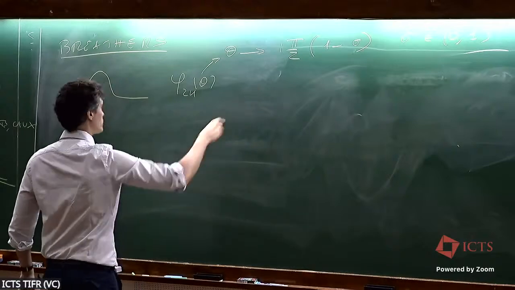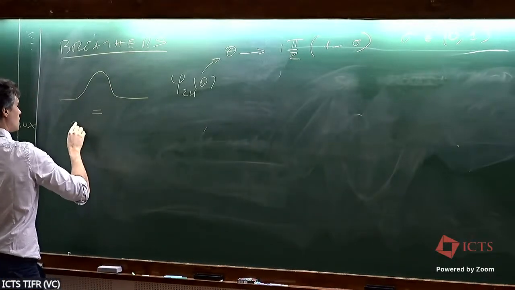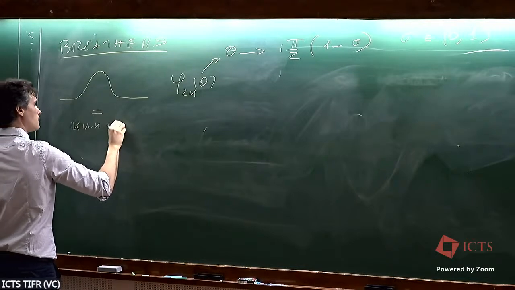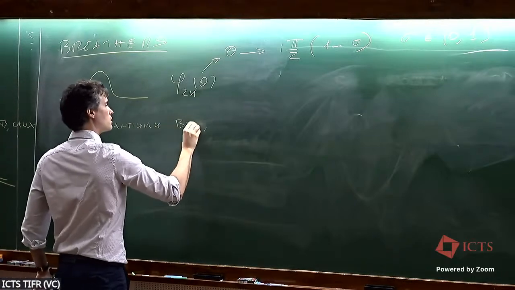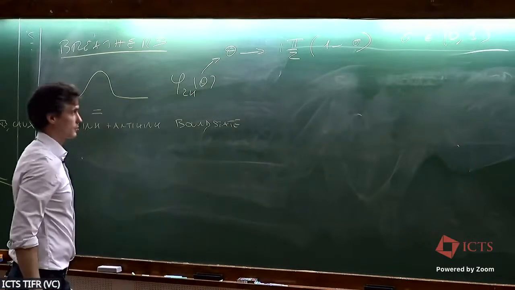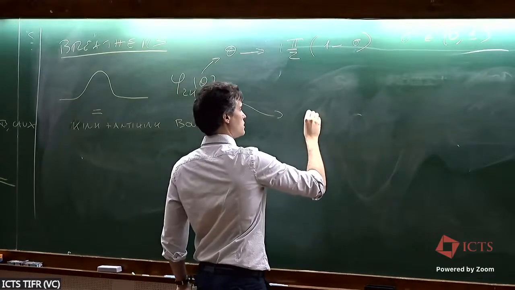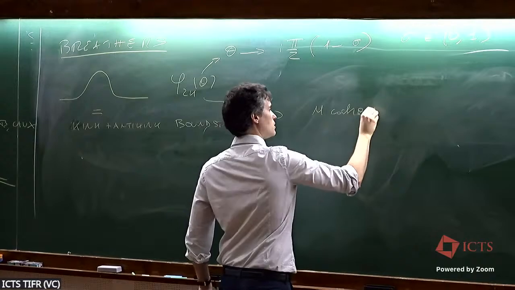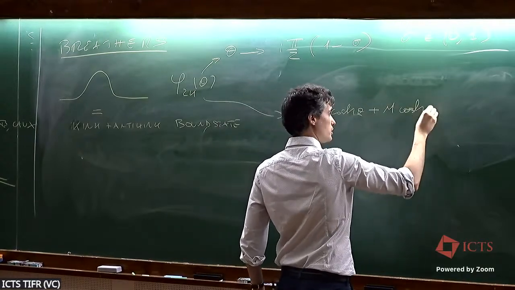It describes a bound state of two topological kink and anti-kink. In the two kink profile, the total energy is just the energy of the two kinks.